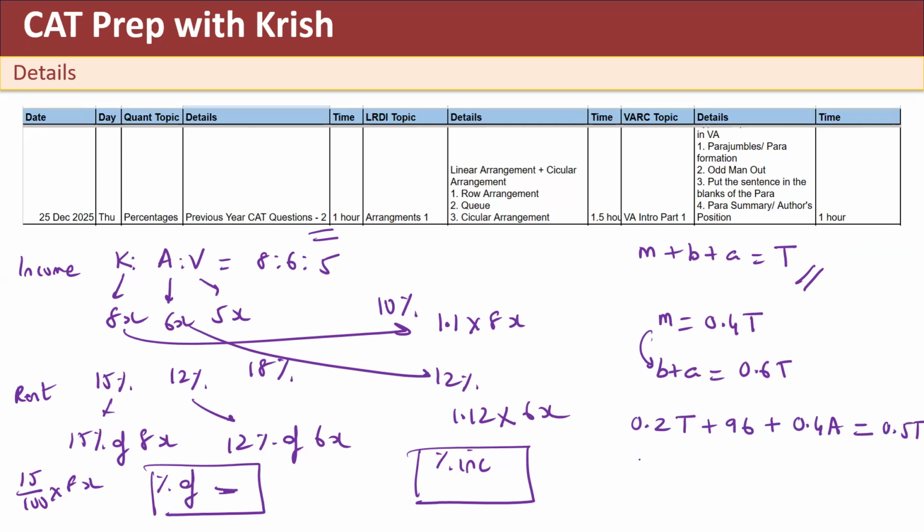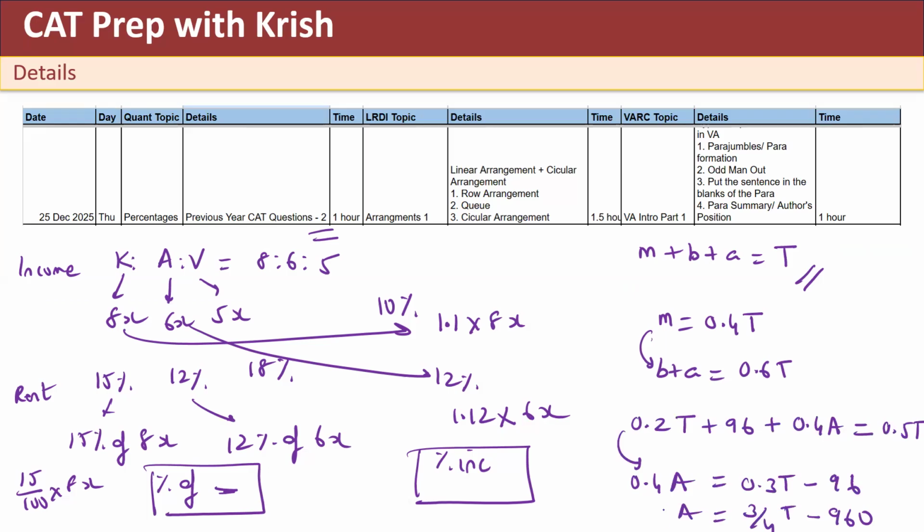So now this will give us an equation with A in terms of T. So what will be A? 0.4 of A is equal to 0.3T minus 96. And A is equal to, if I multiply everything by 10, I think I should get 3 by 4 T minus 960.